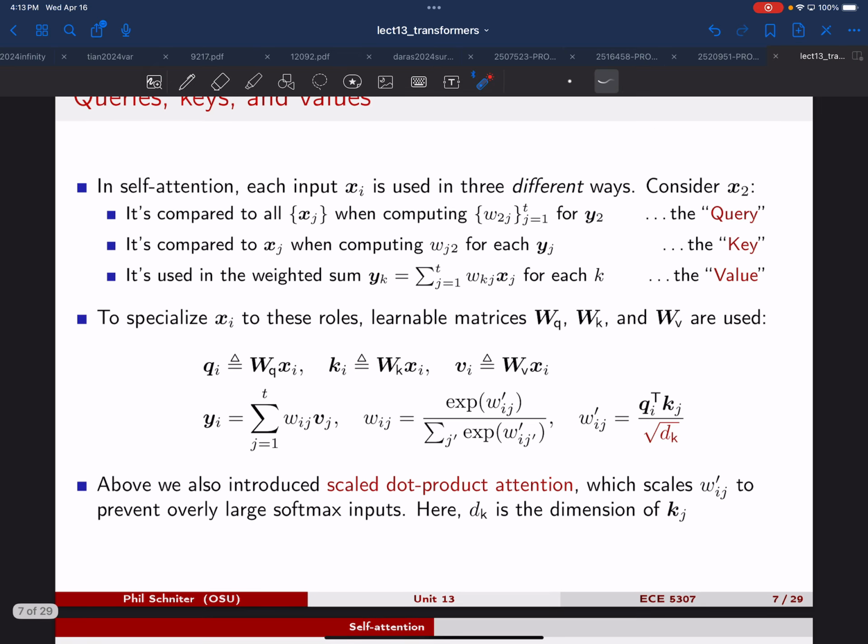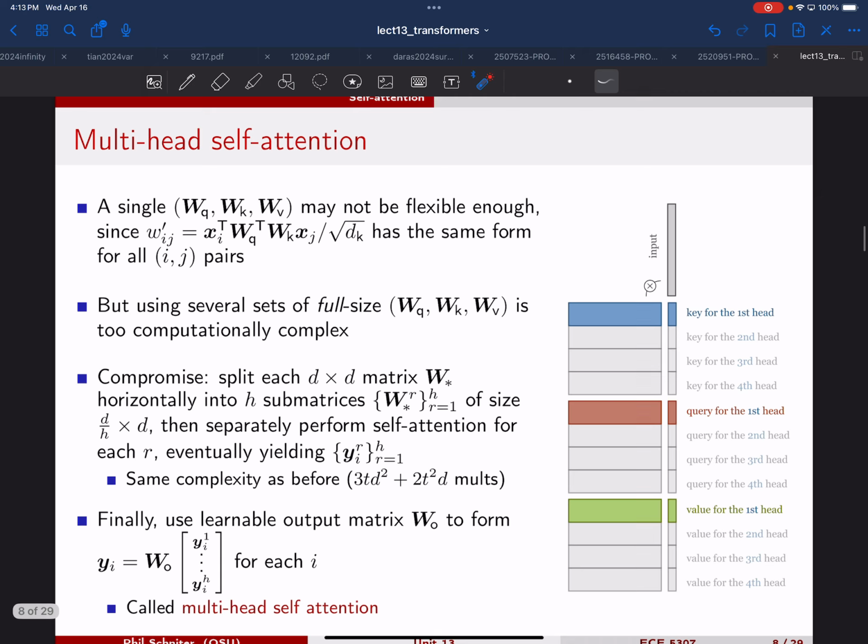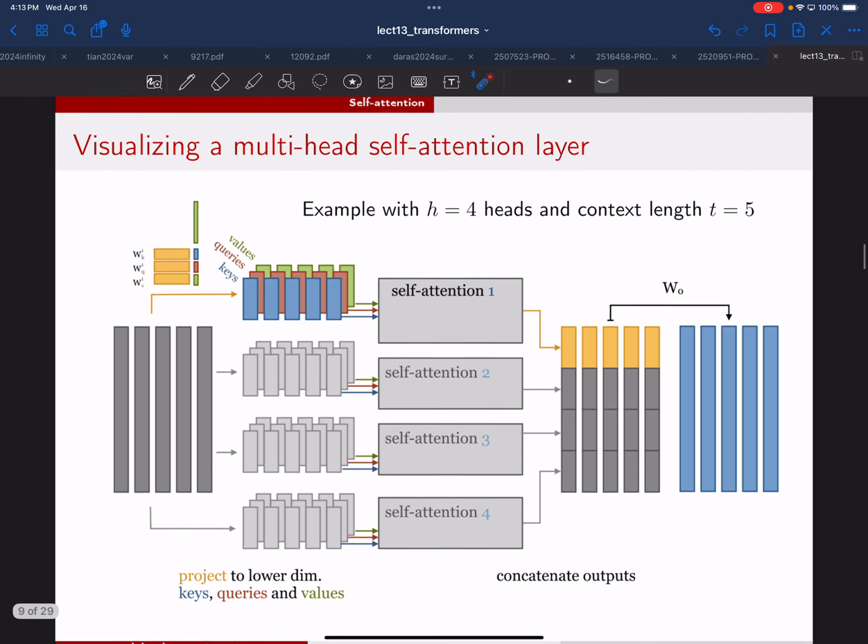And then from there, we said you do one final thing where you split those matrices into a certain number of parts, and you do self-attention separately on each part with a unique combination of matrices. And that gives us multi-headed self-attention.